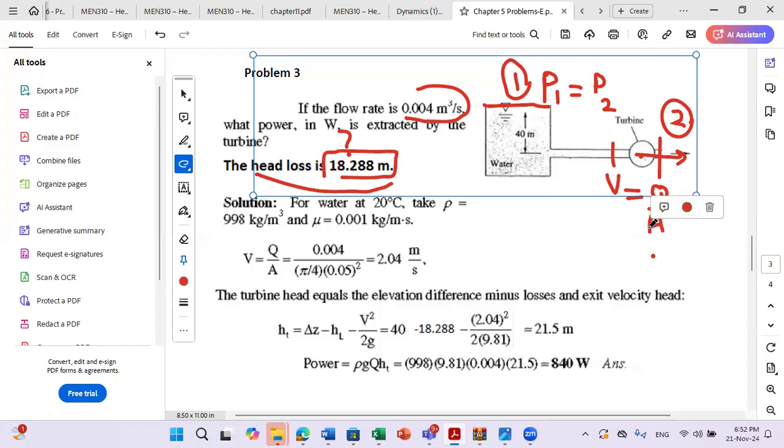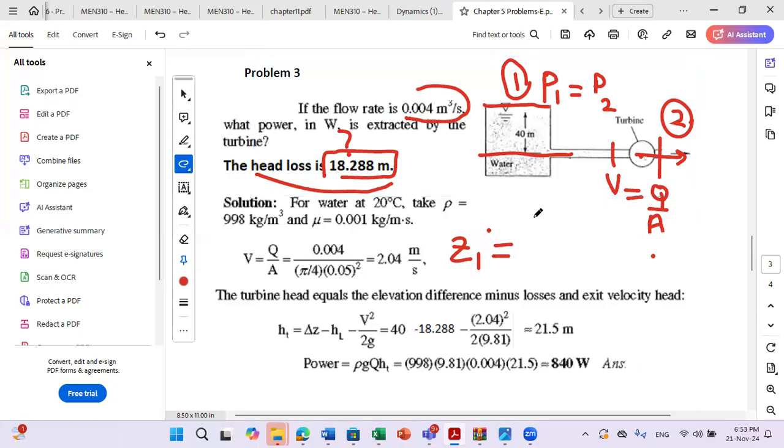Okay, so now if we write our equation, as we said, P1 will cancel out, V1 also. We can consider this is a reference. So we have Z1 from the first side equals, from the other side, Z2, but since we considered that the exit is at the reference, Z2 is 0.